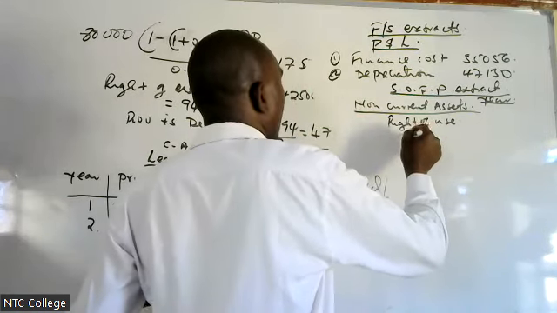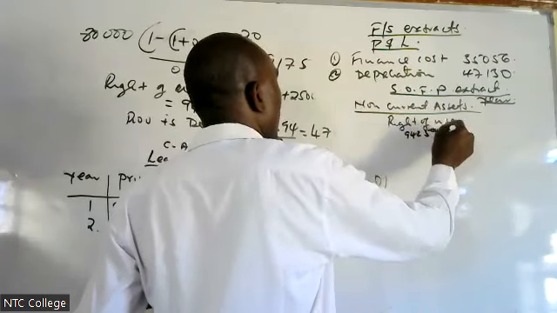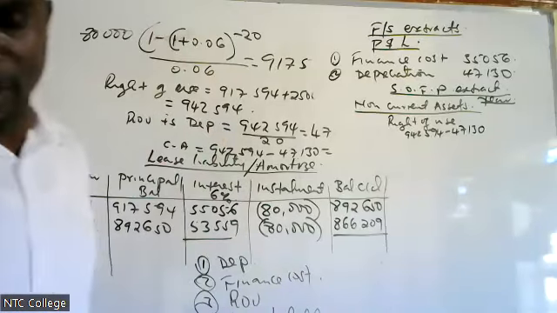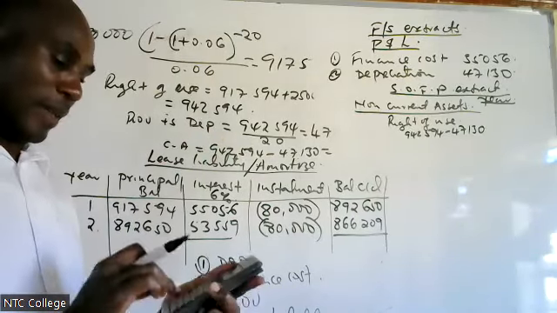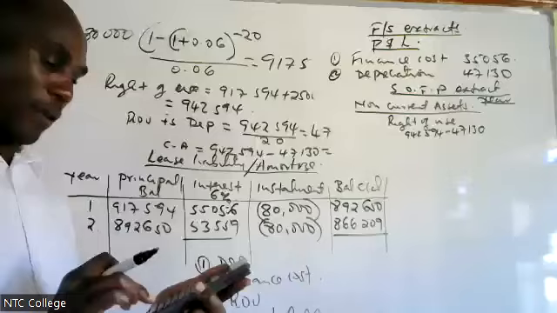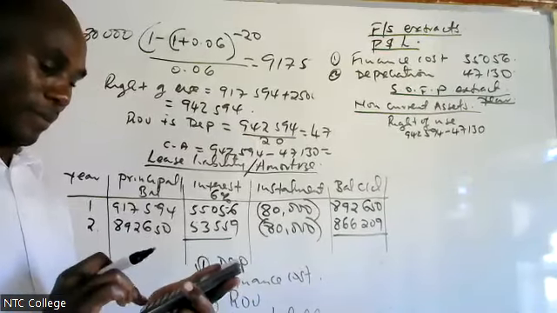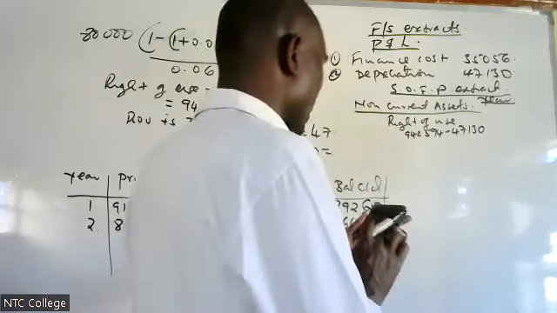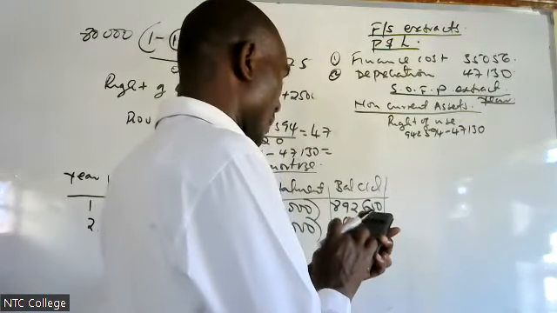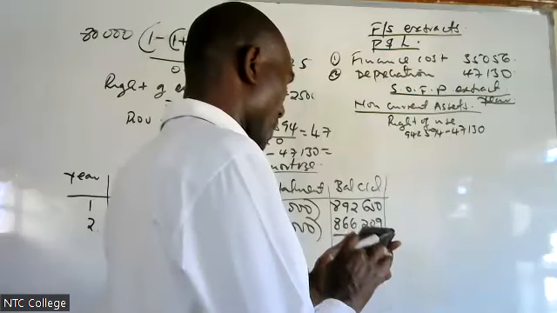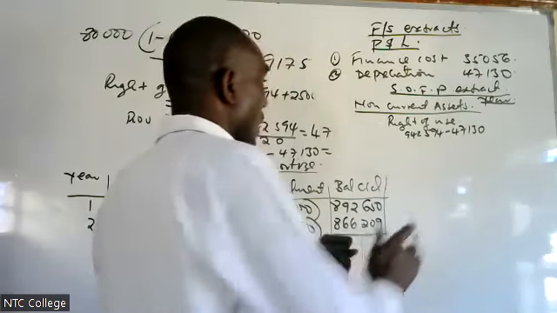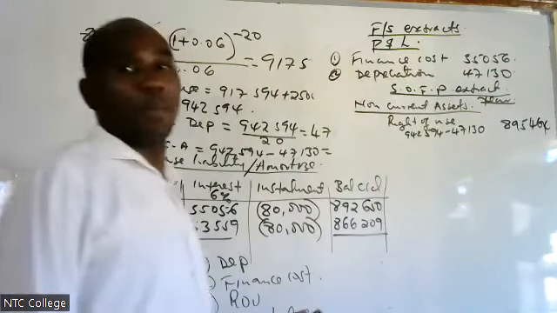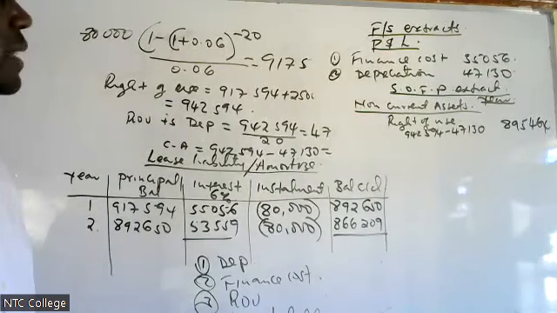I will take 942,594 minus 47,130. How much am I going to report there? That is 895,464. That is what I report.